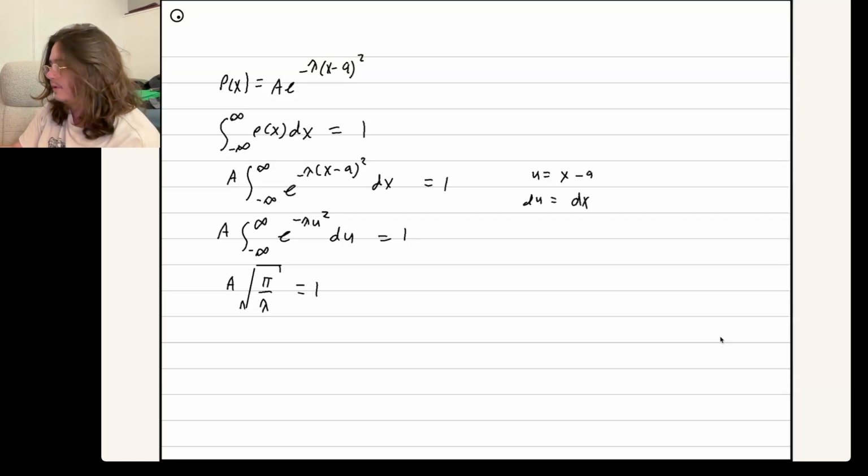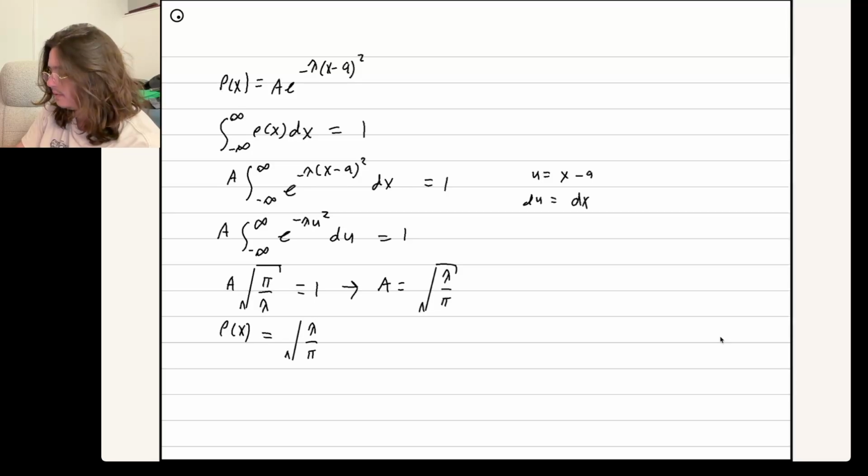So that is equal to 1. We can solve for A now as being just root lambda over pi. And so we've normalized the probability function as being square root of lambda over pi times e to the minus lambda (x minus a) squared.